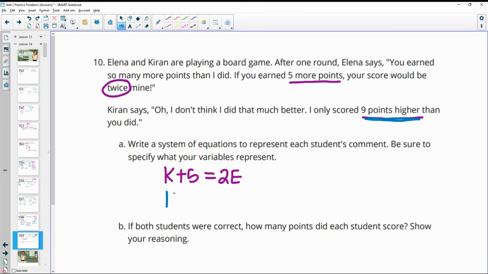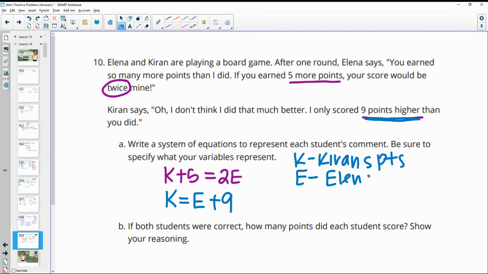So he's saying my score equals your score plus 9. So these are two equations that represent that system. K is for Kieran's points, and E is for Elena's points.